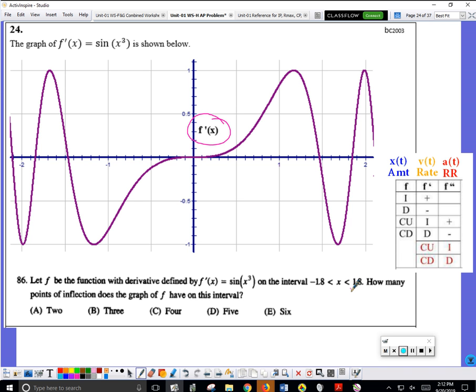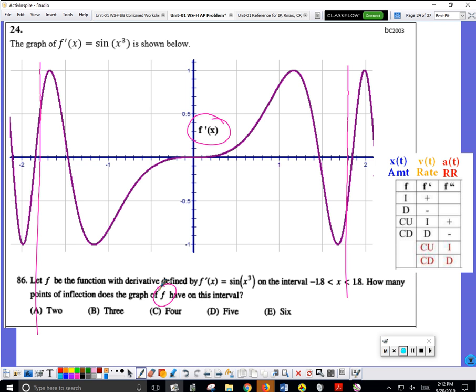So I'm going to start at negative 1.8 right here. Go to 1.8. Okay? How many points of inflection does the graph of f have?